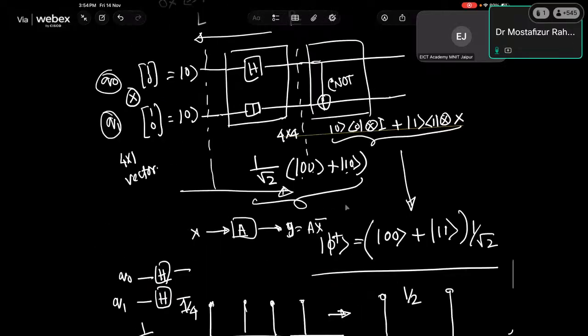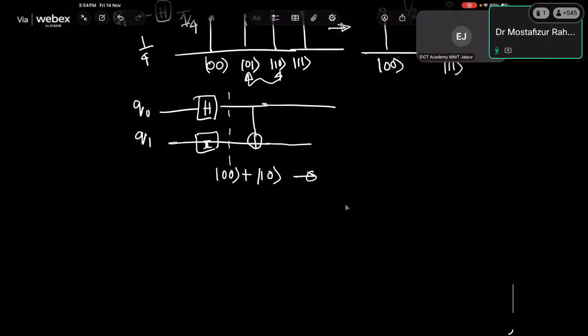But the trick is, if you don't want to do a 4x4 matrix-vector multiplication, the thing is this: if the first qubit is 0, it does nothing to the second qubit. But if the first quantum register is in 1, then it flips the second qubit. Basically, 0 will become 1.